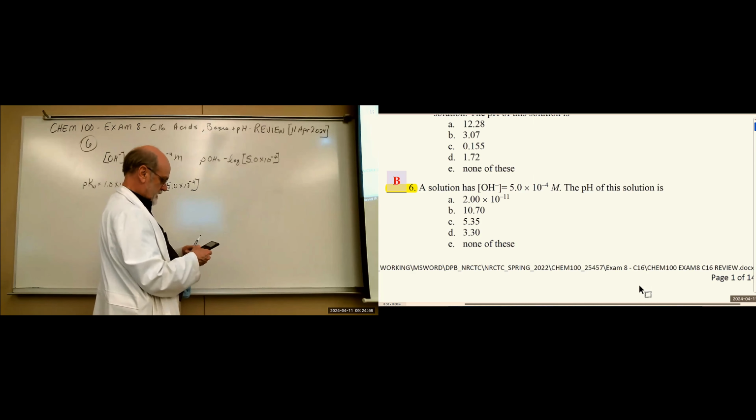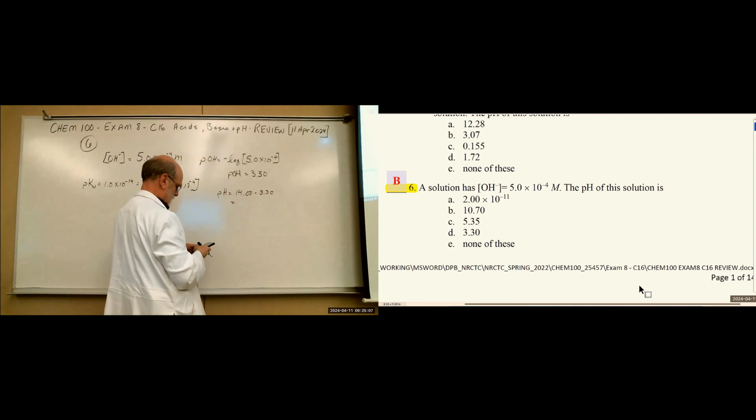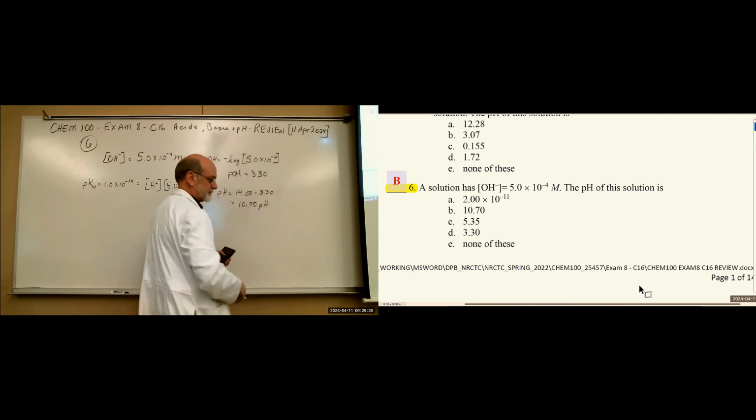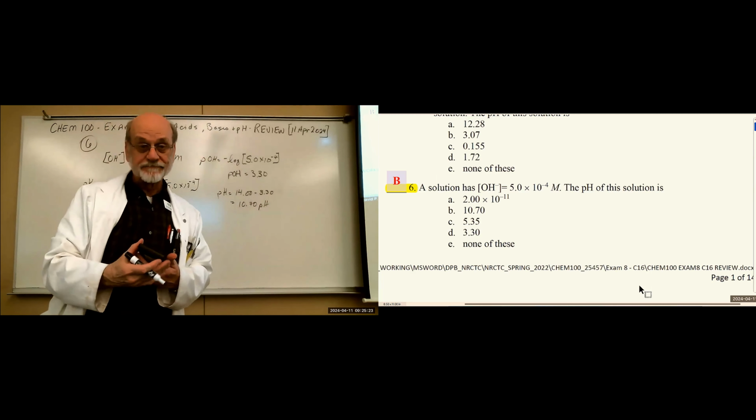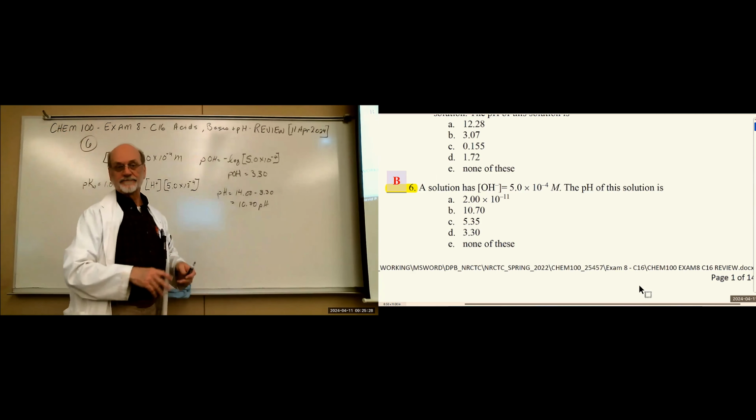I have 3.30. pOH equals 3.30. pH then is equal to 14 minus 3.30 equals, let's see, two decimal places, 10.70 pH. Okay. You can do it either way. I just did it the way I prefer.